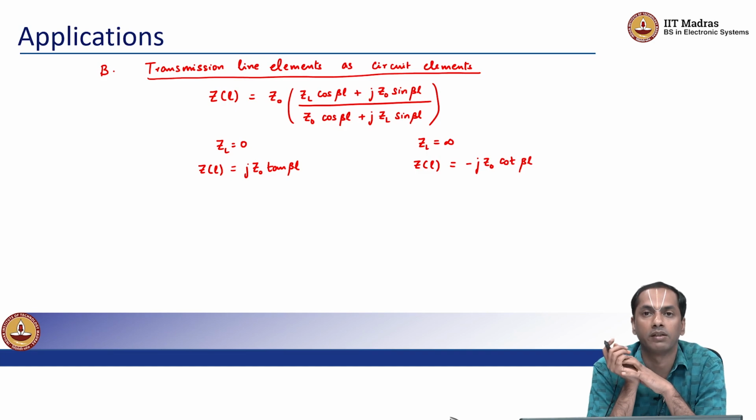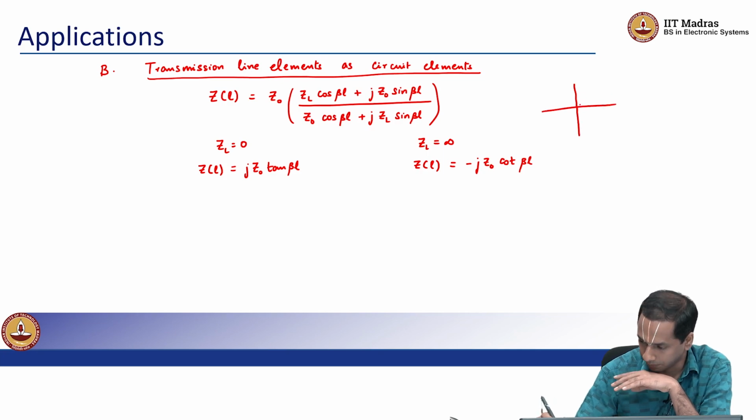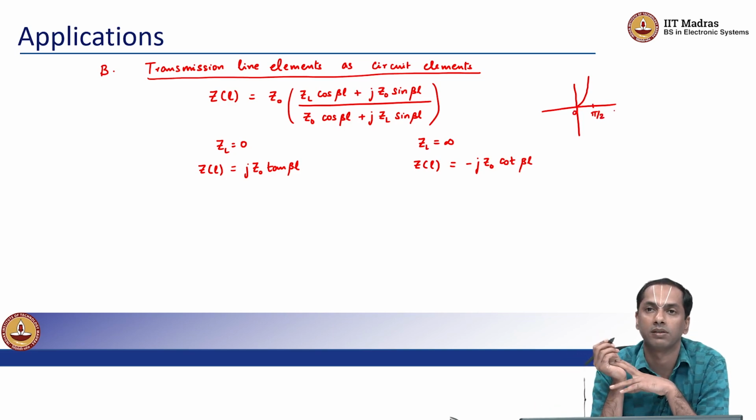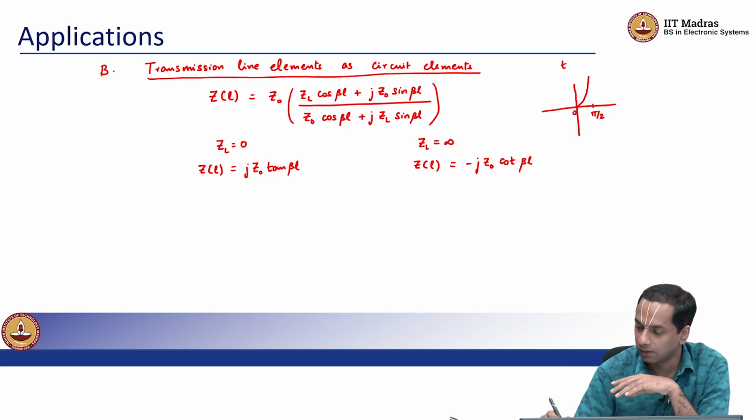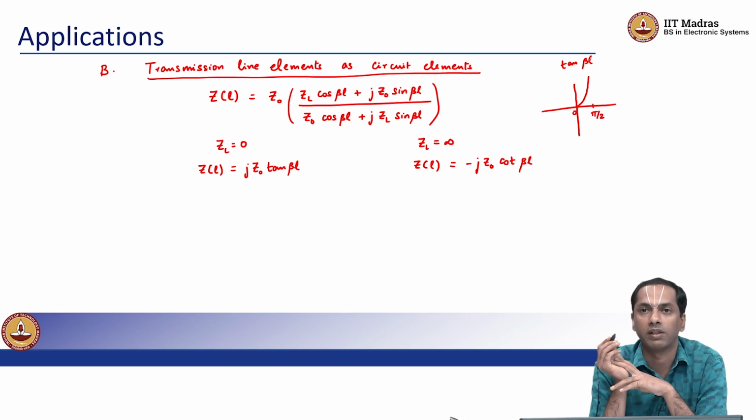And the fact that tan and cotangent go through all real values. So for example, tan βL is a function, so 0, and it goes all the way to infinity at π/2, and of course it's periodic after that.